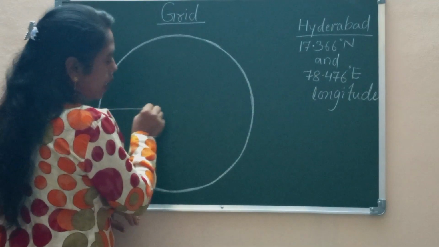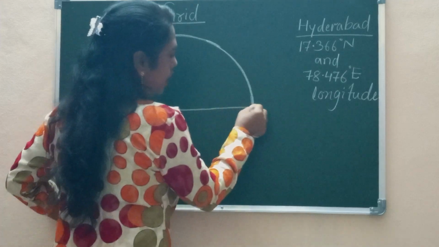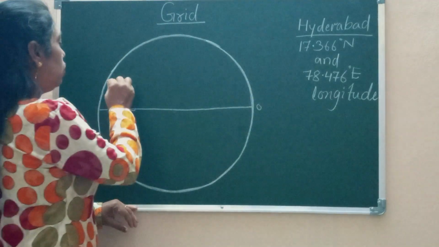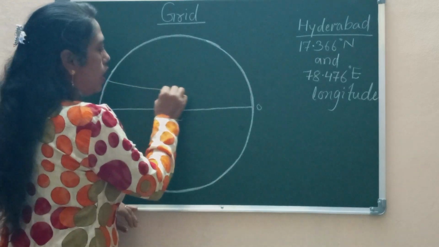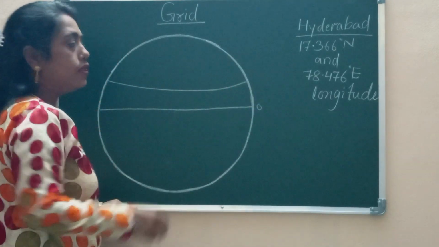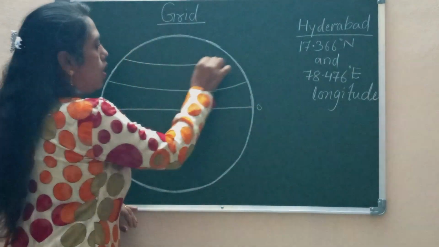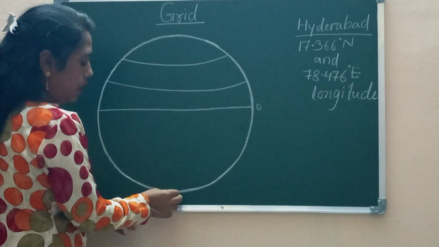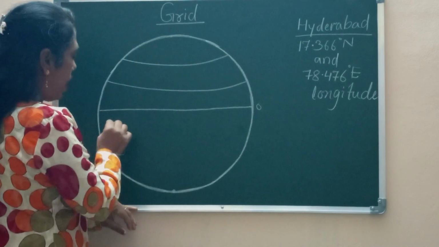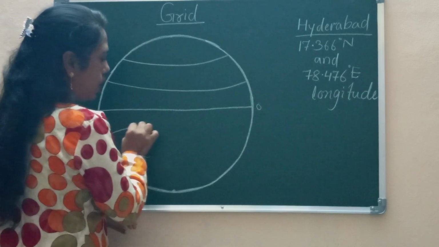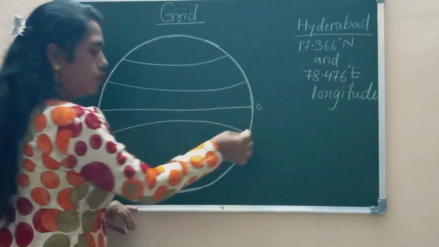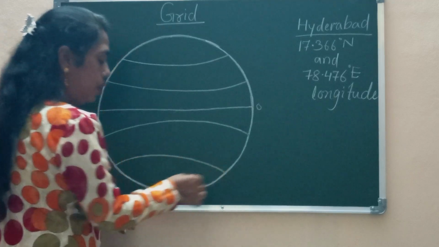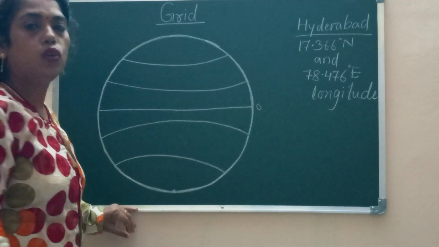This is the middle line, which we call the 0 degree equator line. After that, here is the Tropic of Cancer, then the Arctic Circle, and the North Pole. Here is the South Pole, and this line is known as the Tropic of Capricorn, then the Antarctic Circle, and the South Pole.